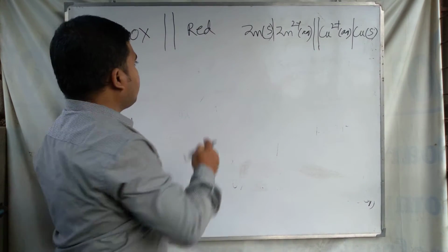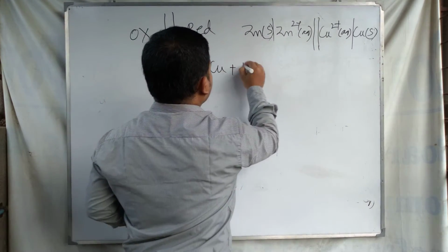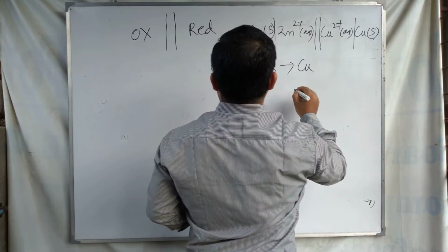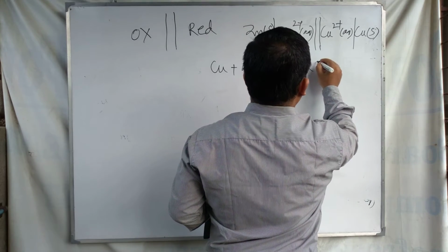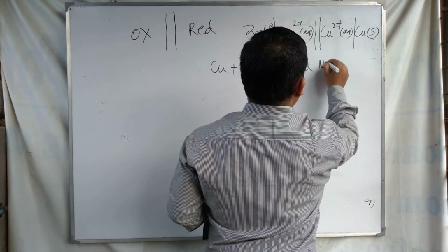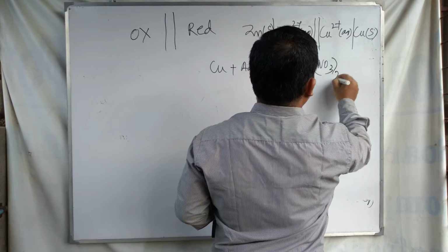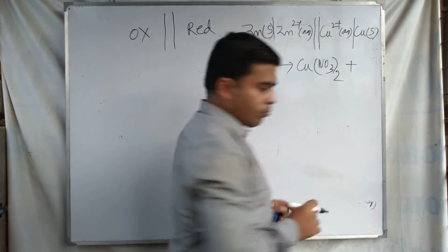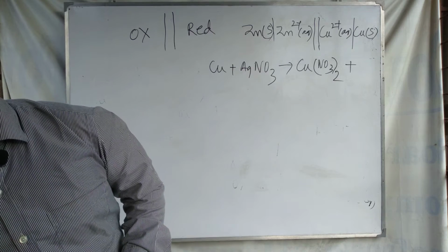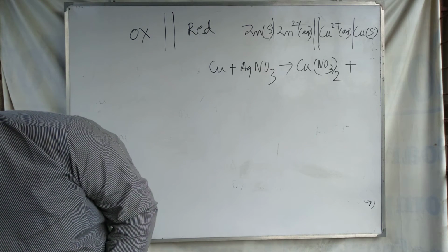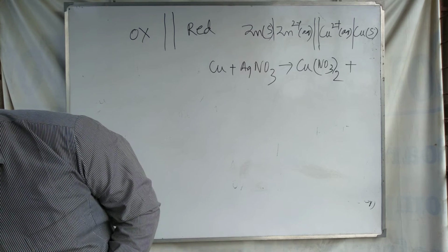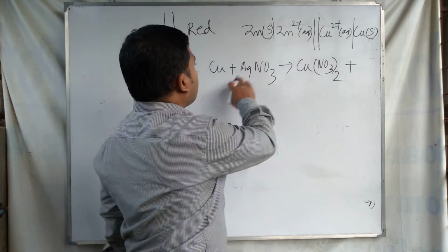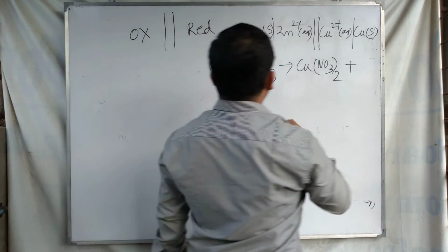Suppose in a cell this reaction is occurring: copper plus silver nitrate to copper nitrate plus silver.